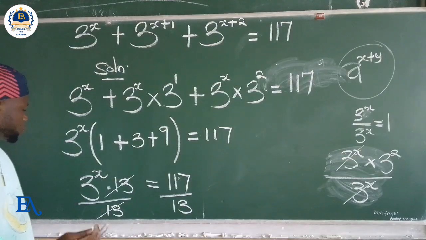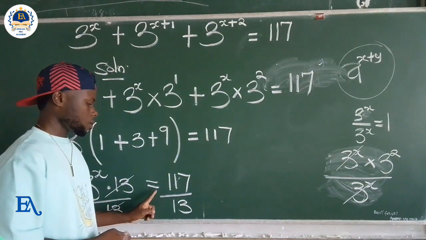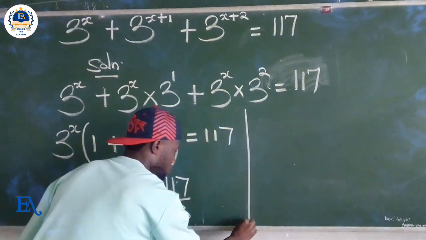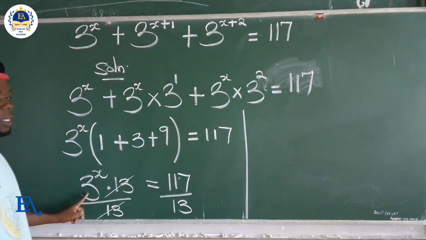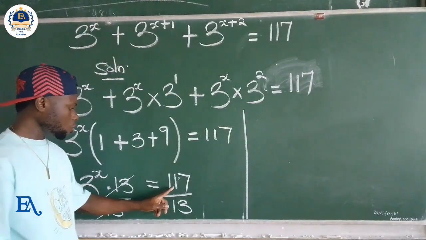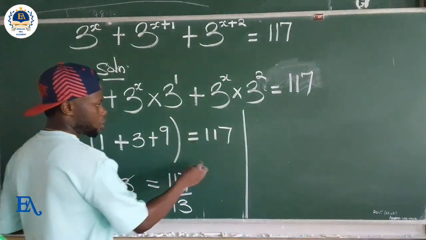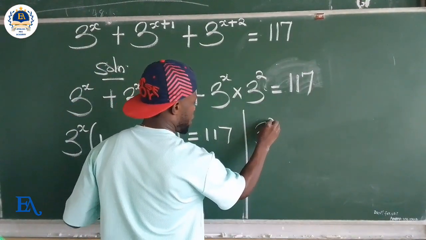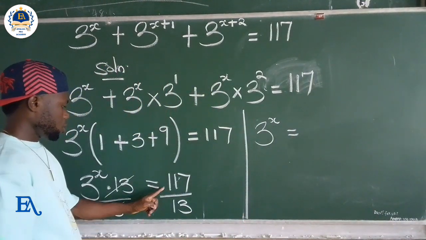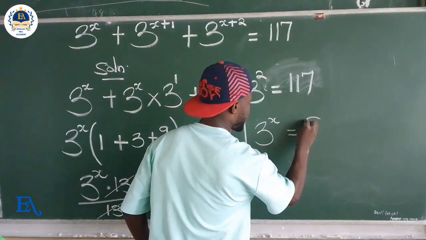You are going to be left with 3 raised power of x is equal to 117 divided by 13. If you divide 117 by 13, you have 9.